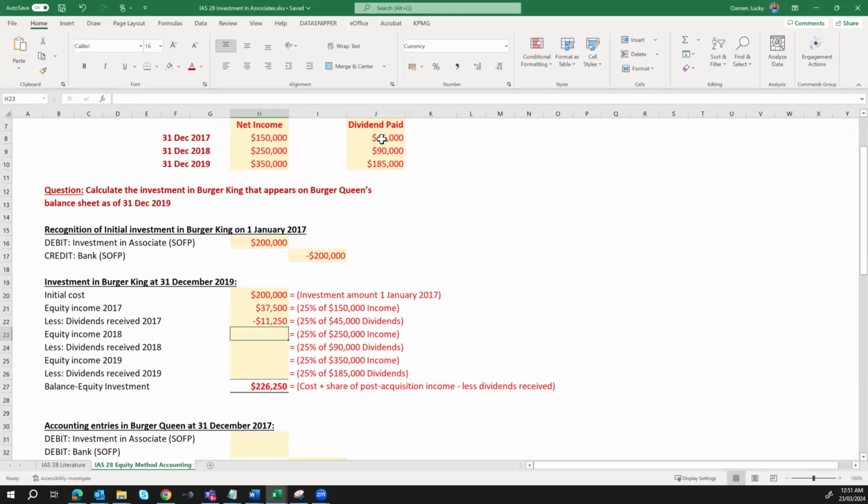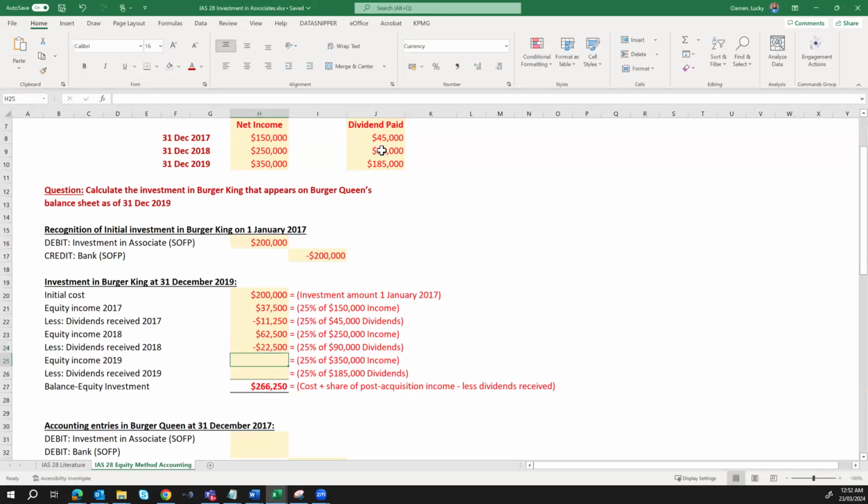All right. So in 2018, net income reported was $250,000. So 25% of that amount will be recognized, 25% multiplied by $250,000. Then as usual, the dividend that was paid in 2018 would be deducted as well, equals less 25% multiplied by the total dividend paid in 2018.